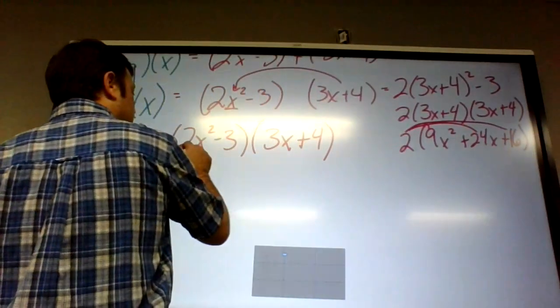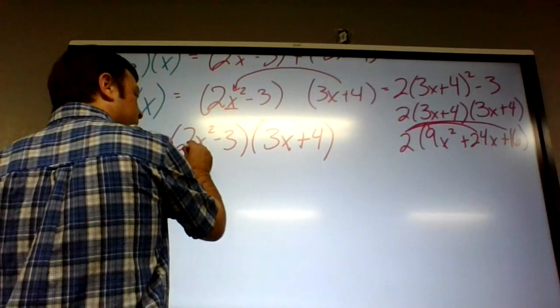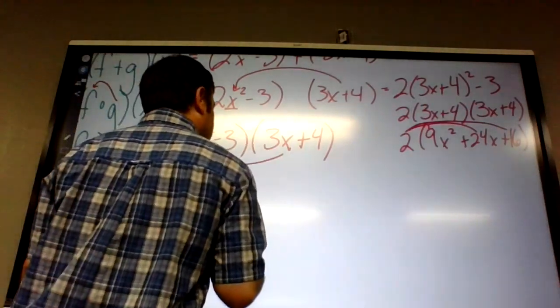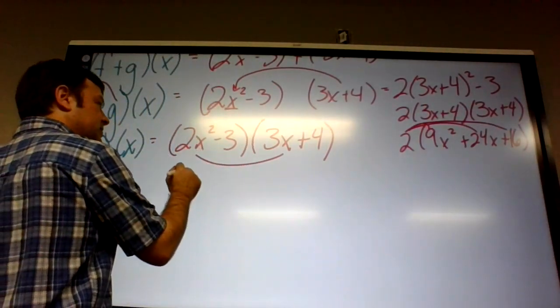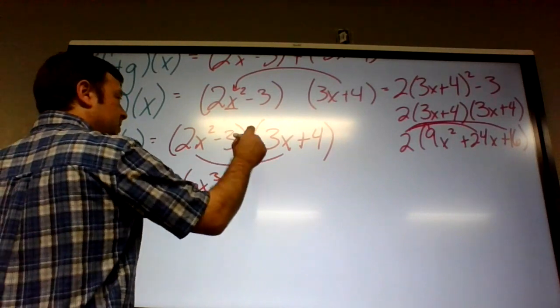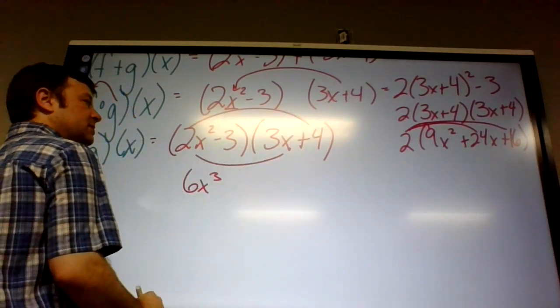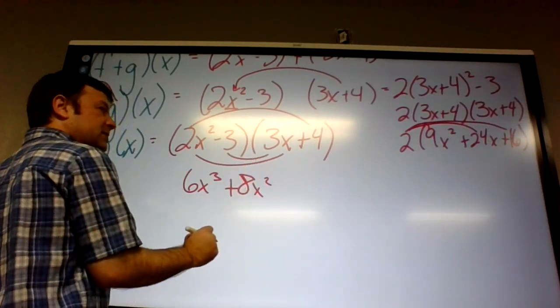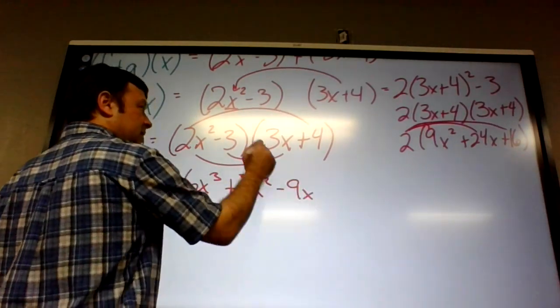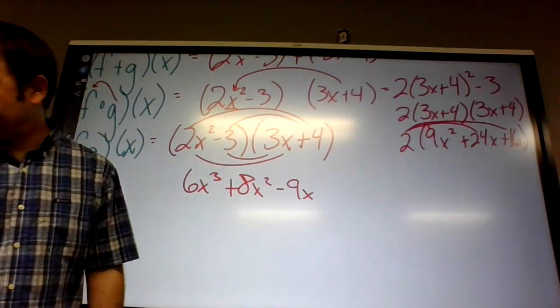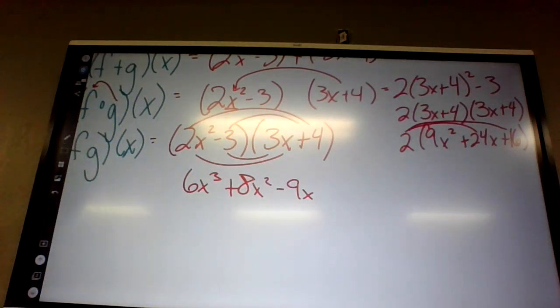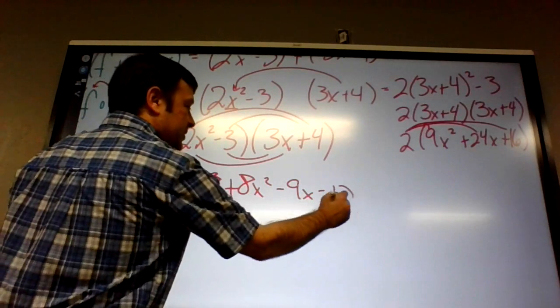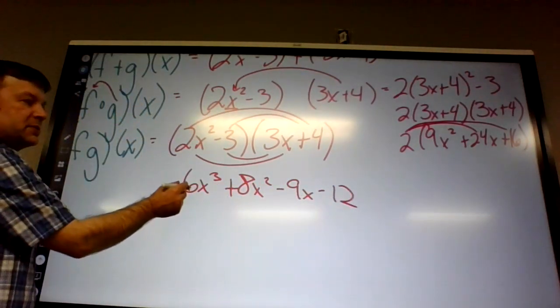Okay. I don't have time to really review FOIL very much, but the first is 2x squared times 3x, so that's 6x cubed. The outside is 8x squared. The inside is, and the last, negative 12. Now, in this case, none of these are like terms.